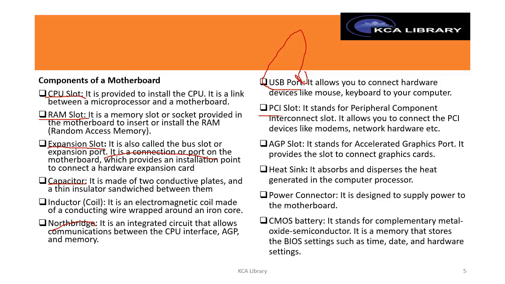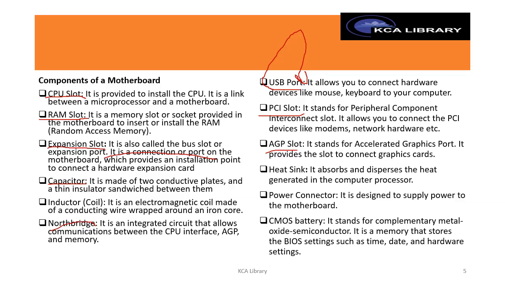We also have the PCI slot. This is for connecting the PC to network hardware, maybe like modems. We also have the accelerated graphics port. This one provides the slot to connect the graphics card.